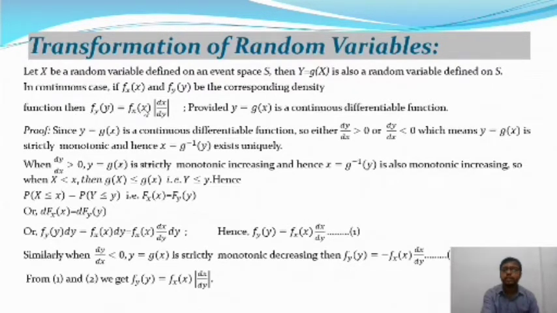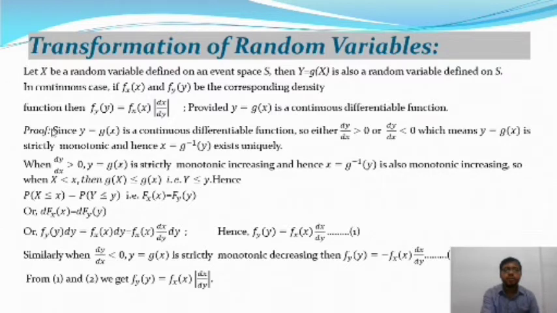This is actually the theorem on the transformation of random variables. So f_Y(y) is equal to f_X(x) into |dx/dy|, provided y is equal to g of x is a continuous differentiable function.